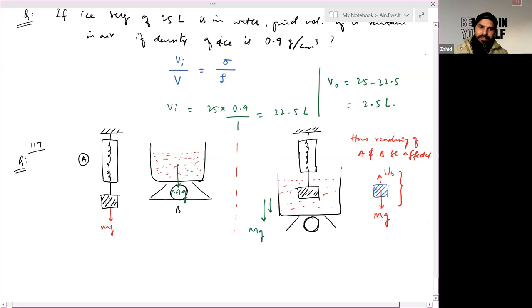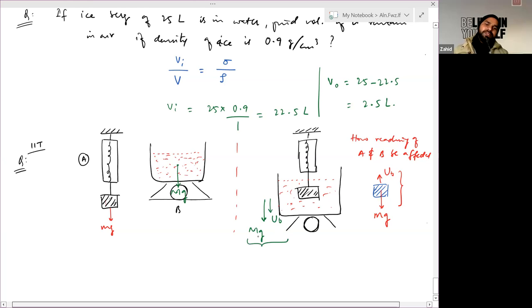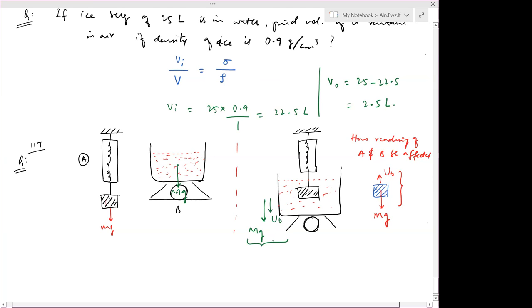So there will be another force exerted by this block in the downward direction equal to the buoyant force. Is it clear? Yes, sir. So the net force in this case will be the sum of these two terms. So you'll say the reading of B will increase and the reading of A will decrease. Okay, sir.